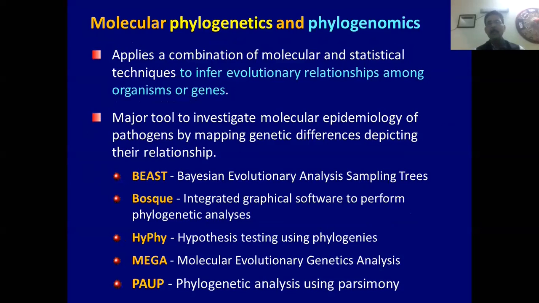Instead of using only specific gene sequences, people now take into account the whole genome sequence available for a particular organism in the databases. For most infectious organisms now, hundreds of variants of whole genome sequences are available in the databases, and that can be used very successfully for phylogenetic interpretation and drawing the phylogenetic tree.